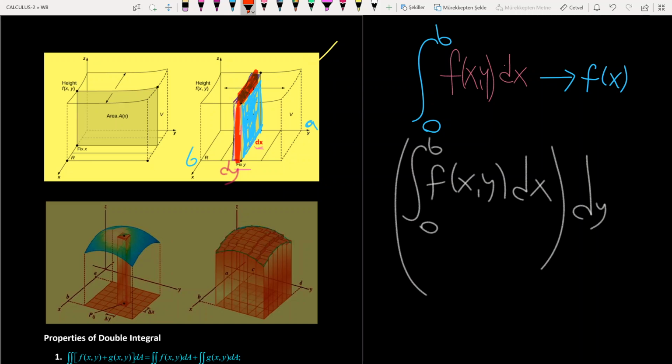Okay, you will get the volume of that box.